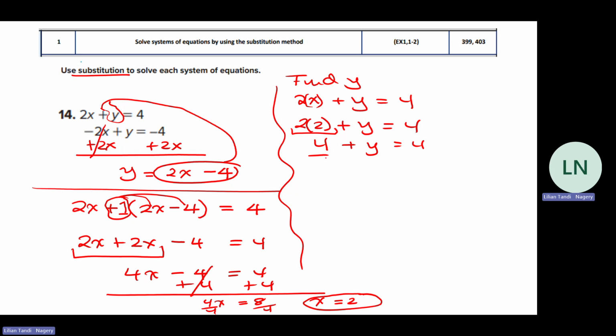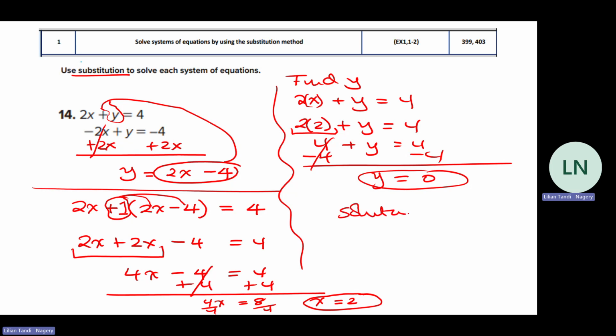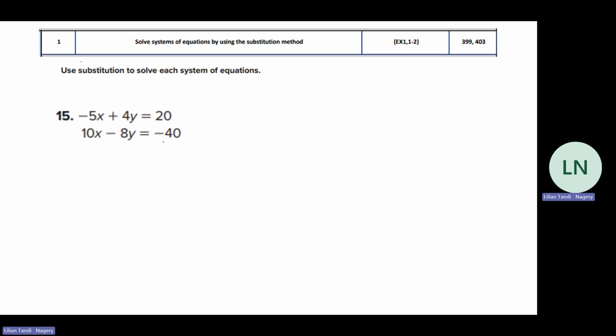Subtract 4 on both sides. y equals 0. Then you write solution, x comma y, and then you write 2 comma 0. And you box your answer. Okay.